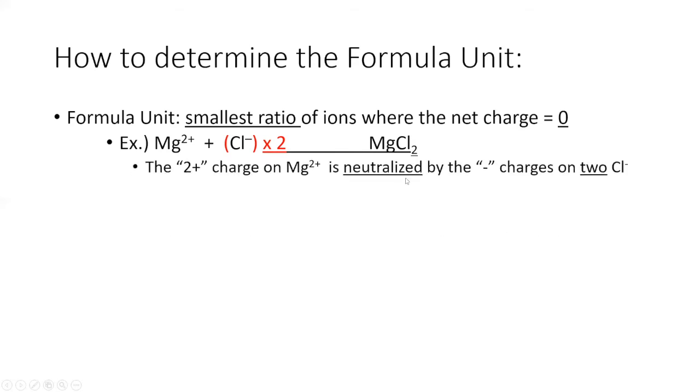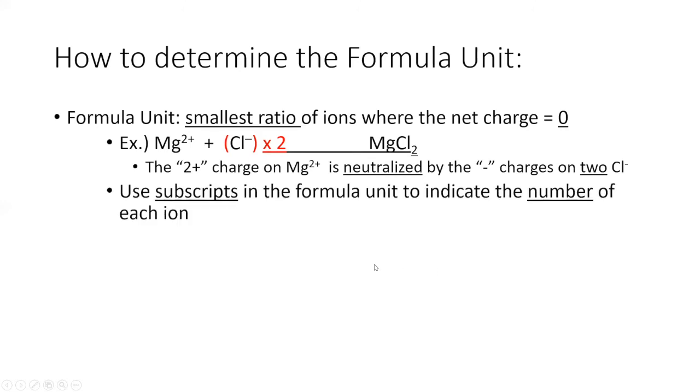The reason it takes 2 Cl- is because of that +2 charge on the magnesium. That +2 charge on the magnesium ion is going to be neutralized by the negative charges on 2 Cl-. So overall +2 on the magnesium, and an overall -2 from the chlorides, because each one carries a -1 charge, and there are 2 of them.